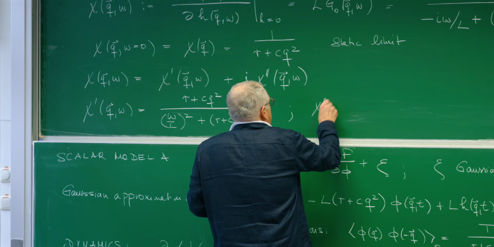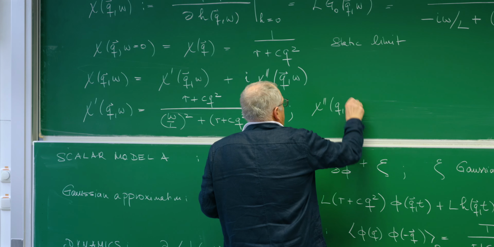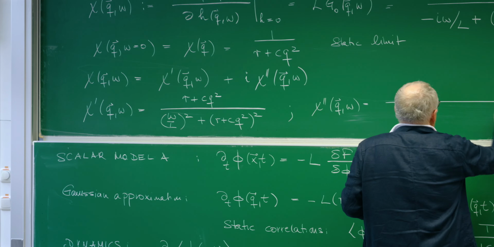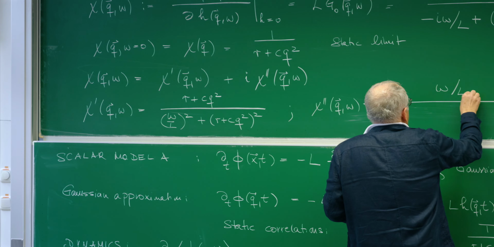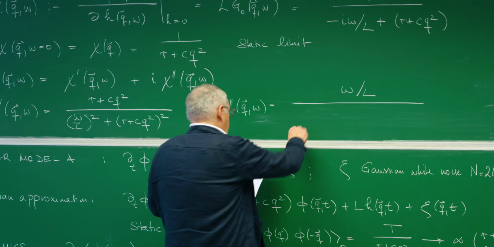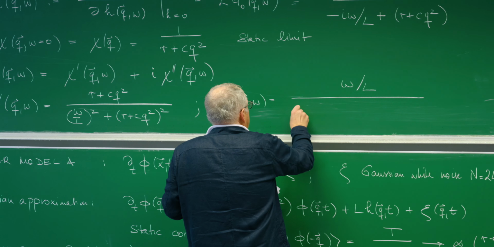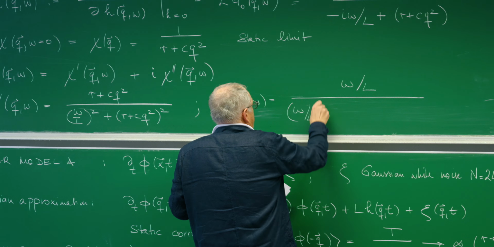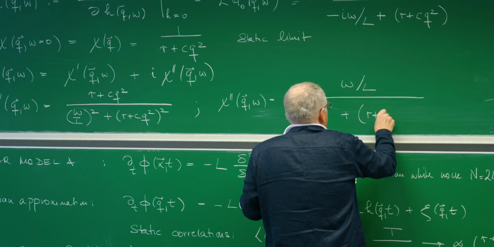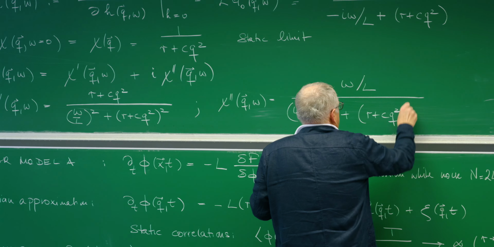And when you look at the imaginary part, it has a similar structure, but it's now odd in the frequency. So it's omega divided by the kinetic coefficient, omega divided by L squared plus r plus c q squared.